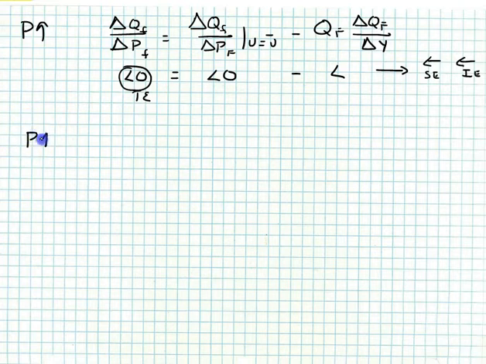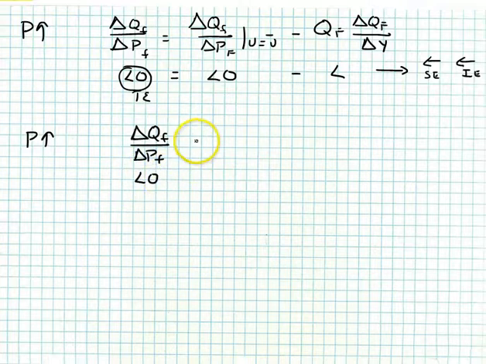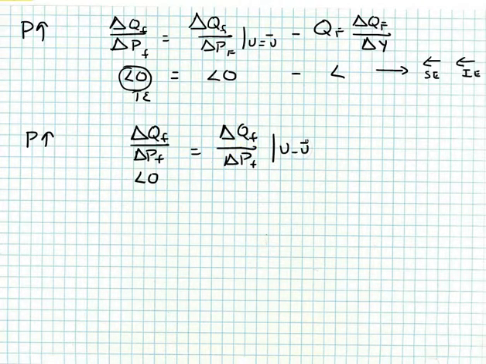We can look at a price increase, and we can say the change in the quantity of food given a change in the price of food, we expect the total effect to be less than 0. The change in the quantity of food given a change in the price of food, holding utility constant, we also expect to be less than 0, and then we subtract what happens if we have a change in the quantity of food over a change in income.